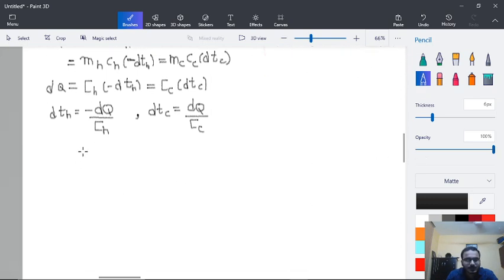Now what we can do is we can take difference of these two, that is dTH minus dTC is equal to minus dq into 1 upon CH plus 1 upon CC.